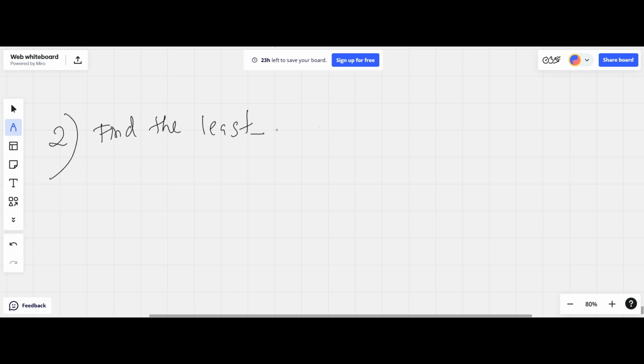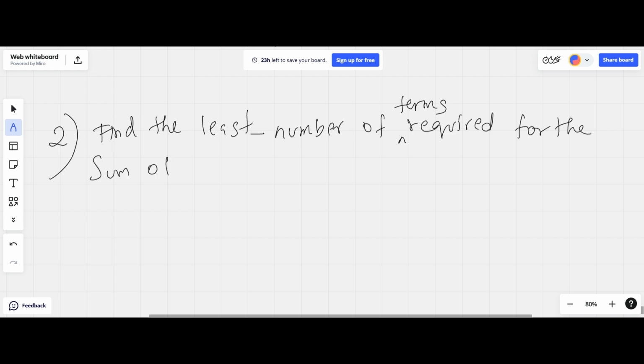Find the least number of terms required for the sum of 4, 9, 14, 19 to exceed 2000.